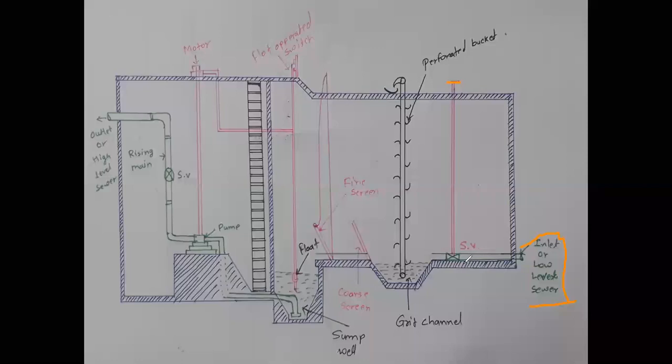So the sluice valve can be operated from the top with the help of this rod, and it will either allow the sewage to enter or stop it. Suppose something went wrong in the forward direction and we are not able to send the sewage through the pump, or the pump has broken down, or there is no electricity.